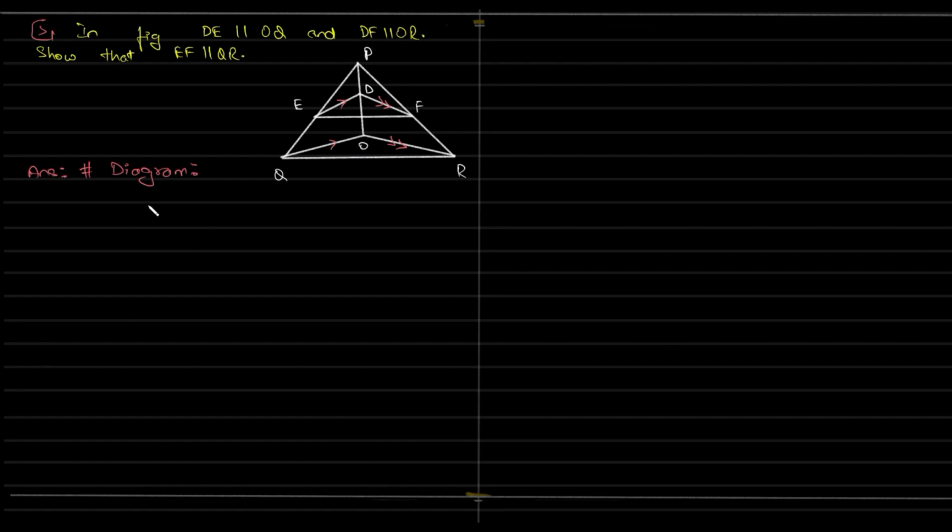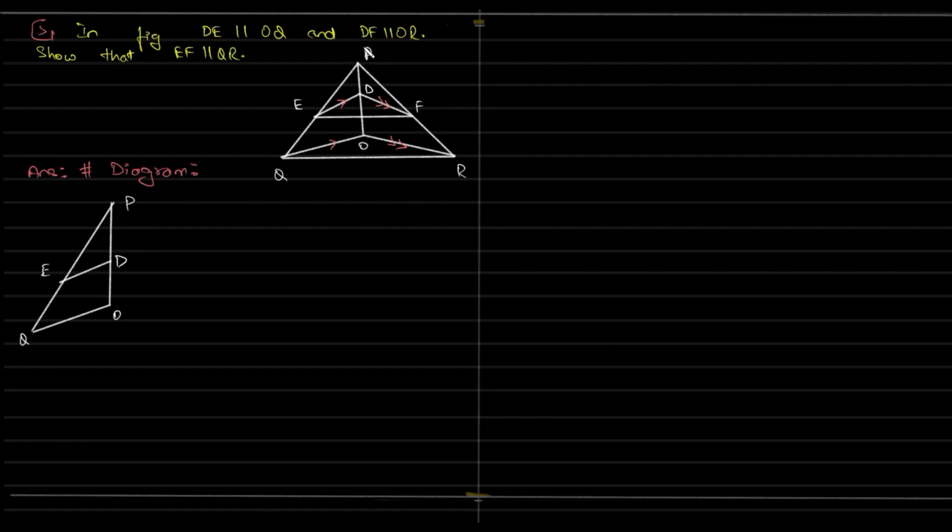It's in which triangle? It's in triangle PQO. So let's draw PQO. And the thing which is parallel is ED. So we need to label them as well: P, Q, O, and E and D.